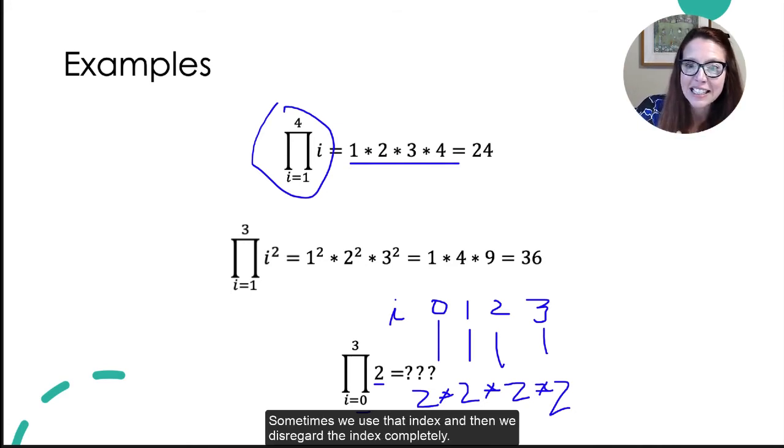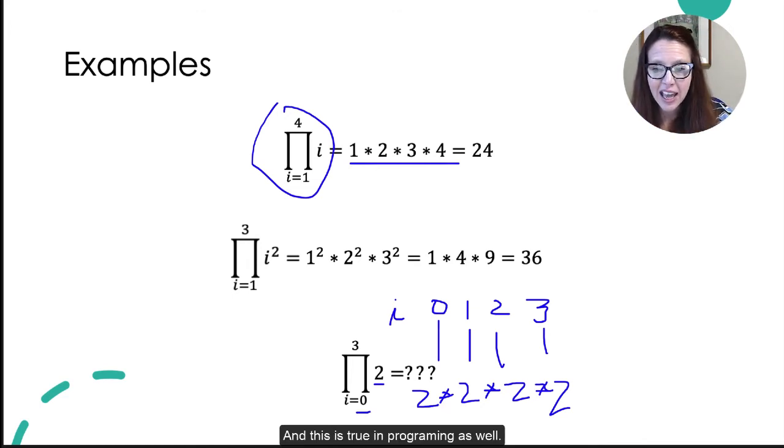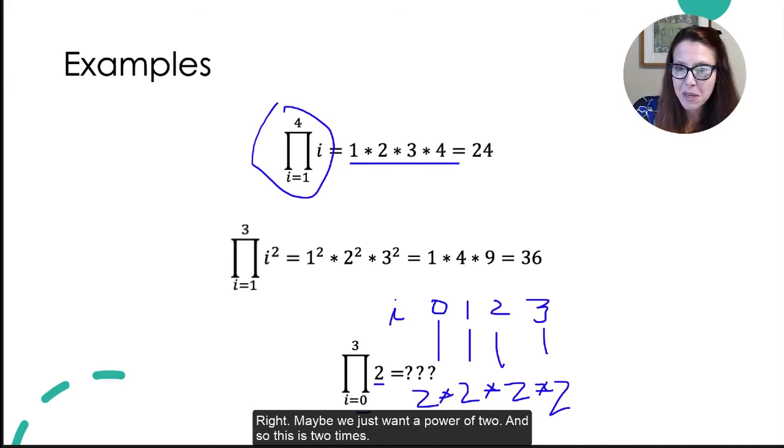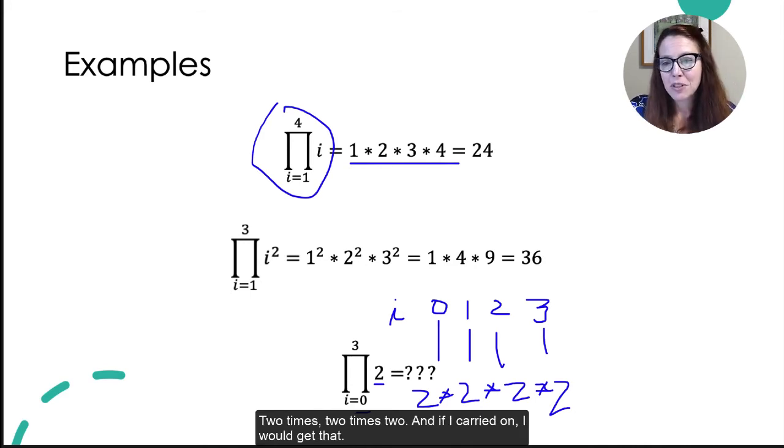Sometimes we use that index and then we disregard the index completely. And this is true in programming as well. That index variable that we use to loop through things is not always what we care to be manipulating, right? Maybe we just want a power of 2. And so this is 2 times 2 times 2 times 2. And if I carried on, I would get that.